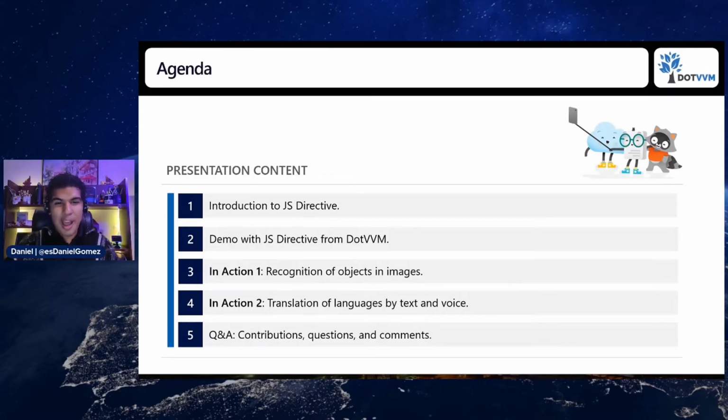We will have one demo to see how the GS directive works in .vvm, and then we will review two amazing demos: the first to learn how to recognize objects in images, and the other a language translator by text and voice, both in a .vvm web application. Finally, we can see other resources as well. So we can get started.